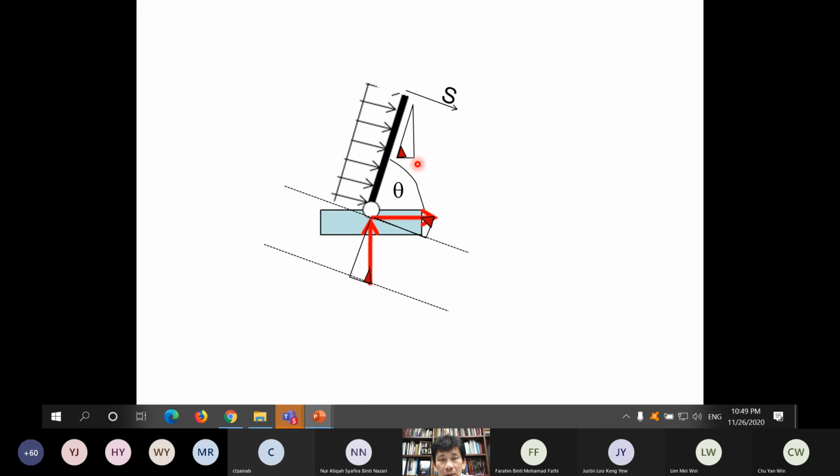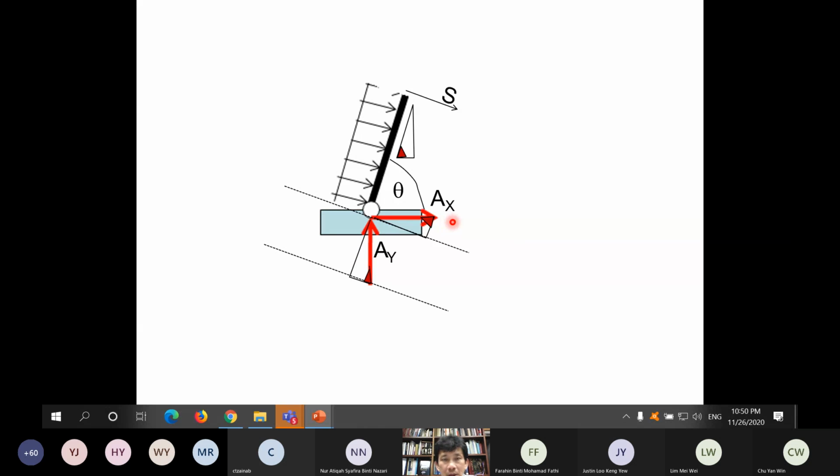Once we know that, we are able to find the components: this one is cos theta, and this one is sine theta. This component will be cos theta, and this one sine theta. So which is shown here.